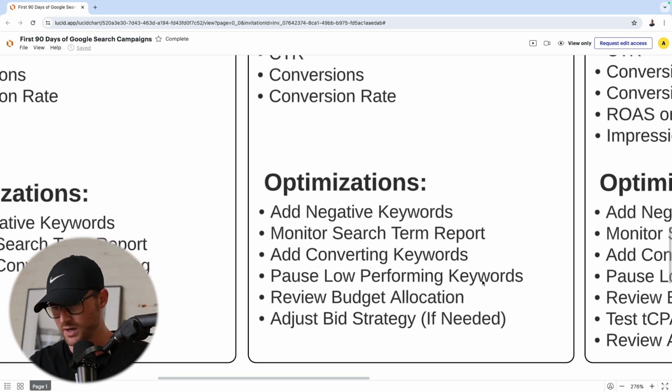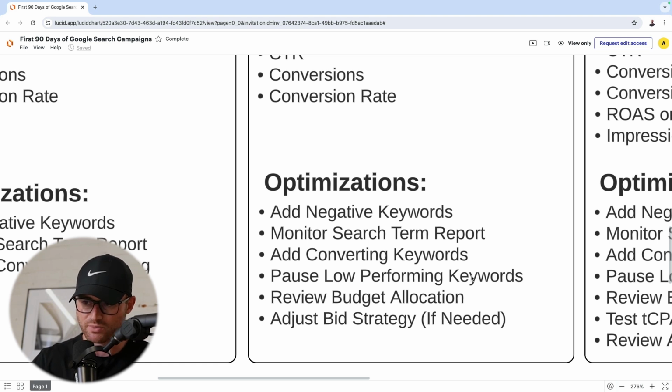So if you have a keyword that has had a few hundred clicks and the data is just showing, hey, this is like doing terrible, click-through rates are below average, conversion rates are below average, or it hasn't converted at all, and this thing is just sucking money, then you should be looking at actually pausing low performing keywords as well.